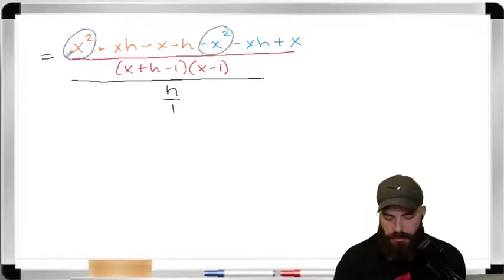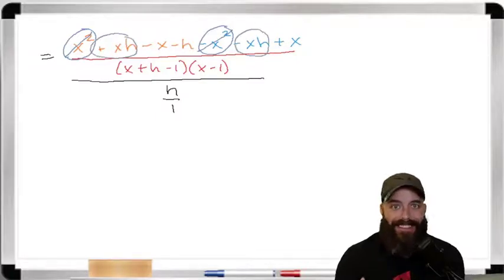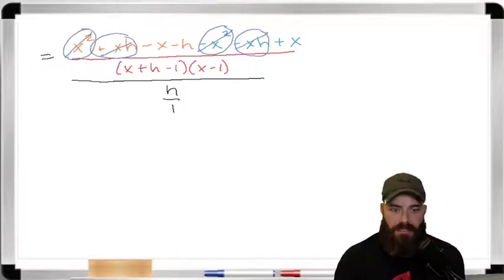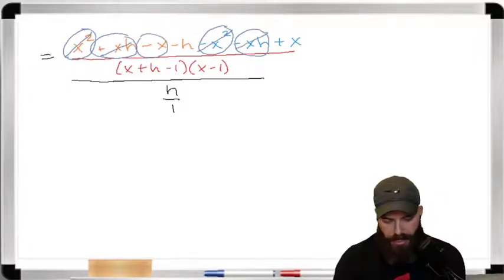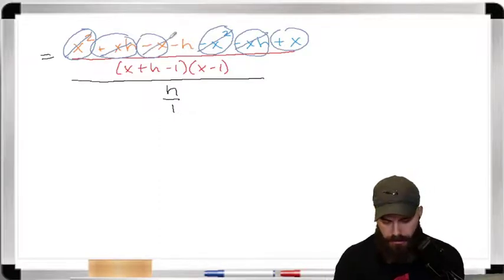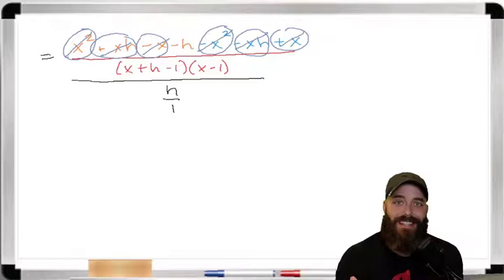They reduce to 0. I have positive xh, negative xh. They both reduce down to 0. And then I have a negative x and a positive x. Well, what do you know? They reduce down to 0. So out of all that work, the only thing that's left up there is a negative h.